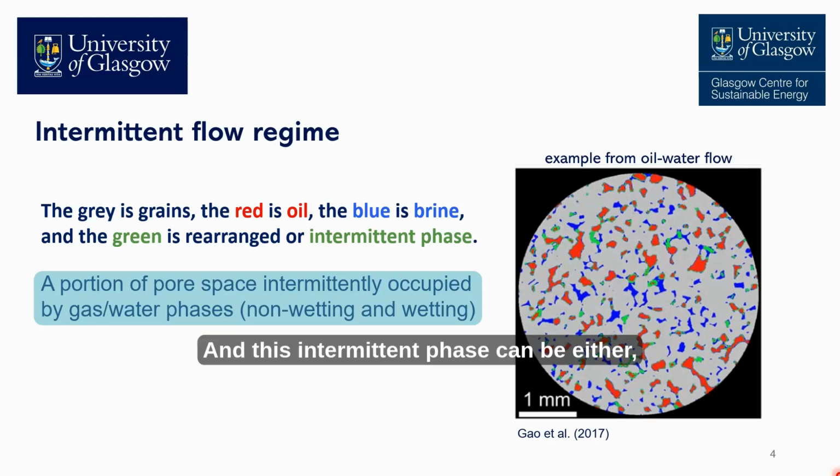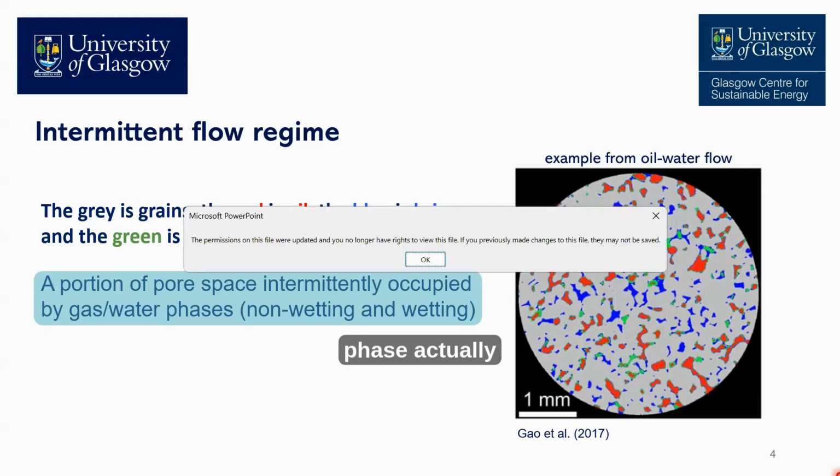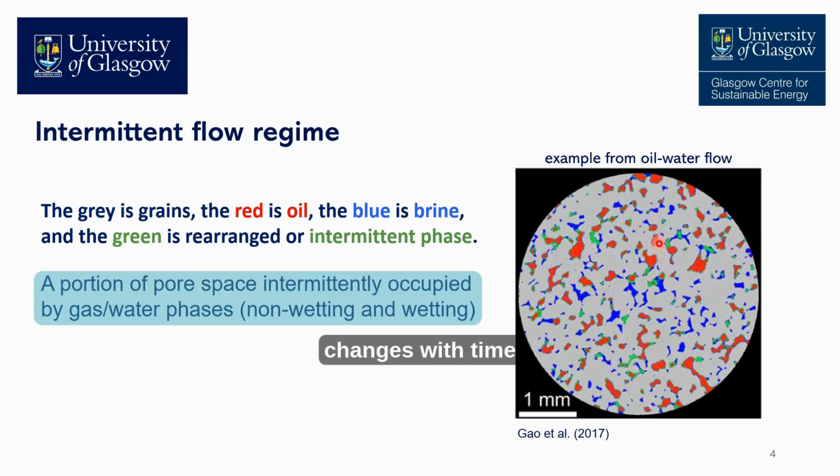This intermittent phase can be either, in this example, oil or brine, but we cannot confidently say which phase actually occupies this portion. That's why we call it intermittent phase, because it changes with time, or even it changes with the magnitude of velocity or flow rate in the system.